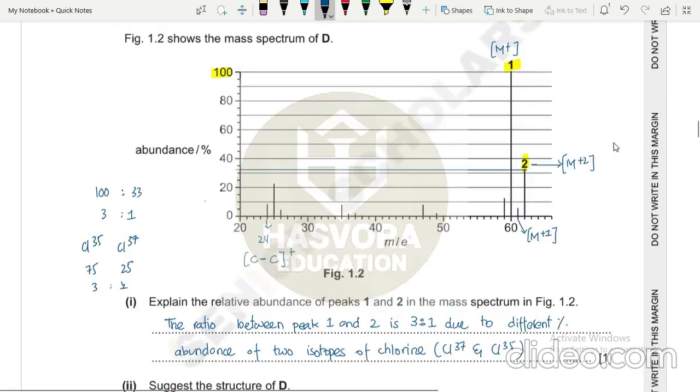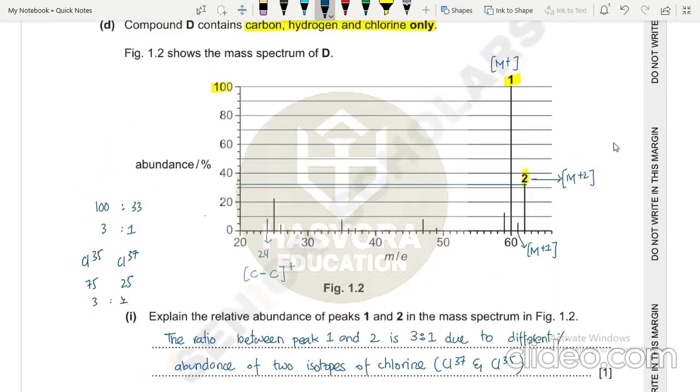Now you can also see another fragment at 25. So how can this be formed? This can be formed by CH and a carbon atom.